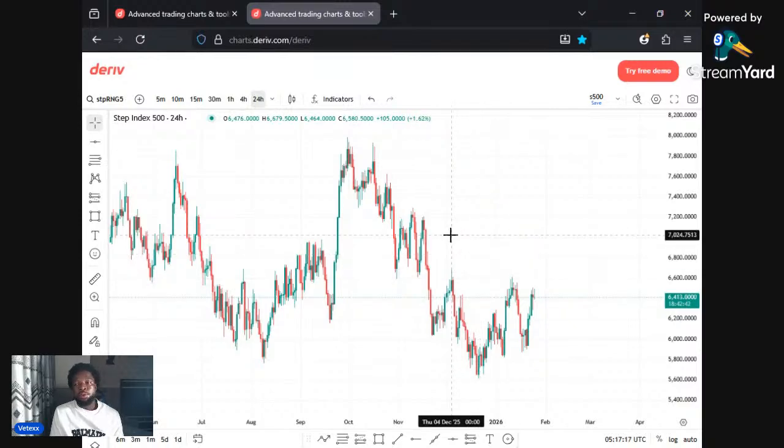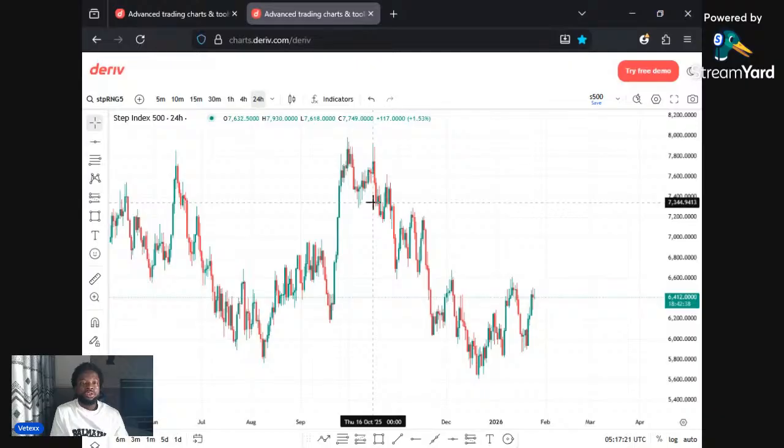Now that we know where price is going to on the weekly time frame, we are going to look out for a continuation structure on the 4-hour time frame or on the 1-hour time frame. Because trading the synthetic indices market, this top-down analysis is one of the most important aspects of trading because it gives you clear direction on where price is coming from and where price is going to.